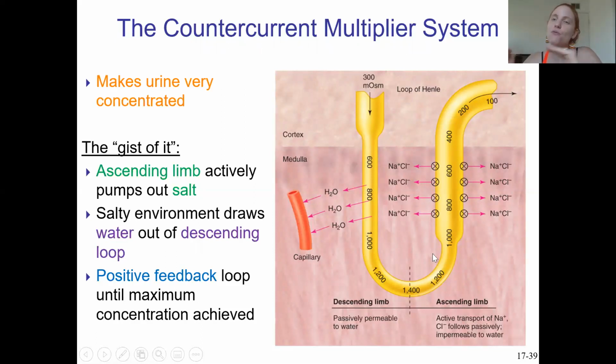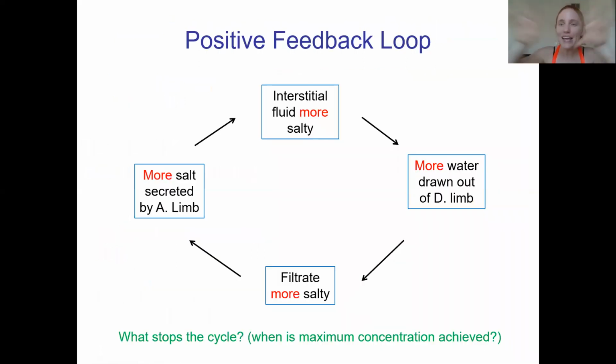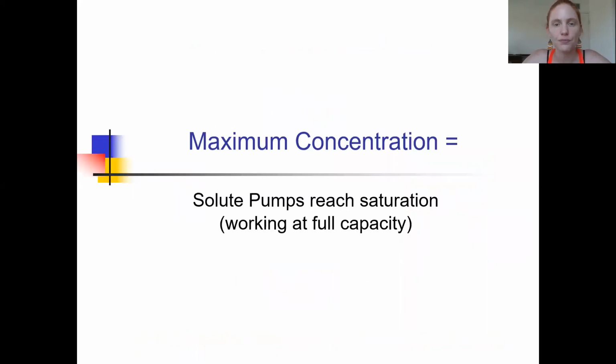At some point, we reach a point where those salt pumps are pumping as fast as they can, but it doesn't matter if there's more salt available to it, it can't pump anymore. And so that's going to put a cap on how much salt is in the external environment, which would then put a cap on how much water is drawn out. Okay, so you have that positive feedback loop until you reach that maximum where the salt pumps are saturated. I like how all of those concepts just come back.